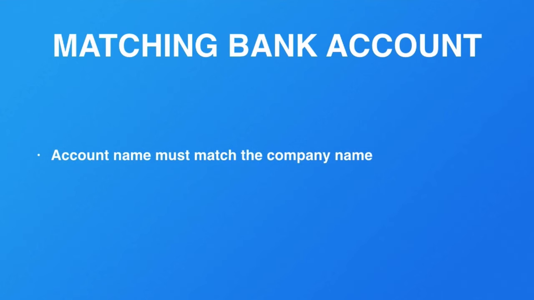This is very important, because you want to make sure you are sending your funds to the company and nowhere else. Even if the company owner tells you it's not a problem, know that if anything goes wrong, you will not be able to hold the company owner responsible. You have to hold the company responsible.